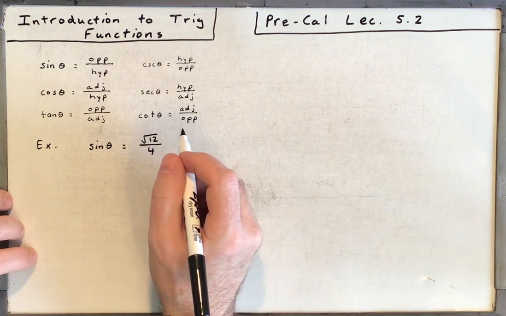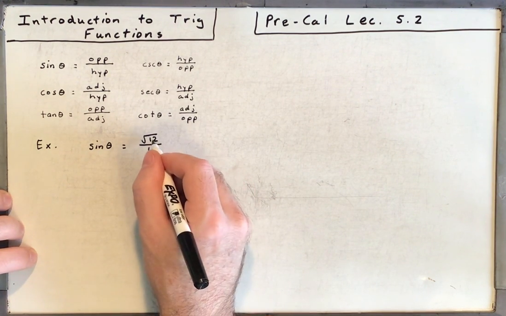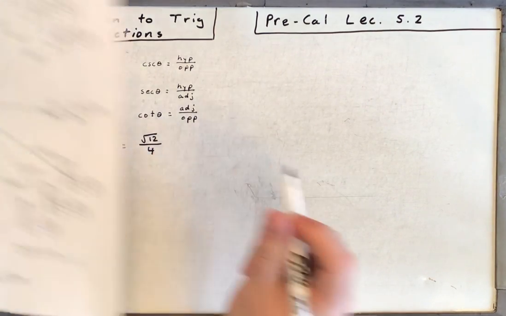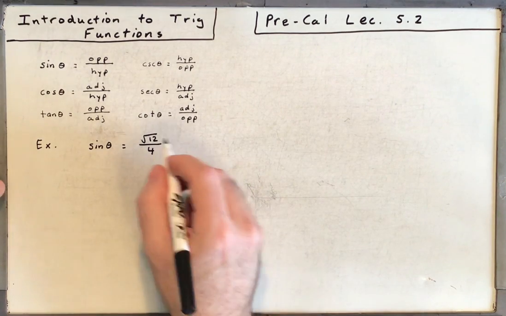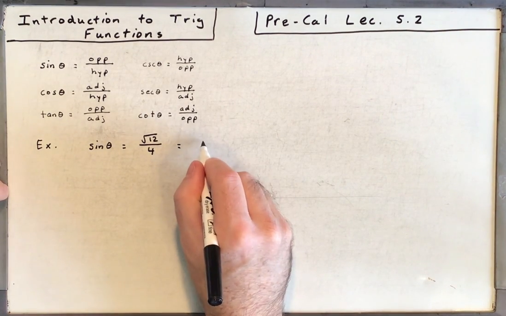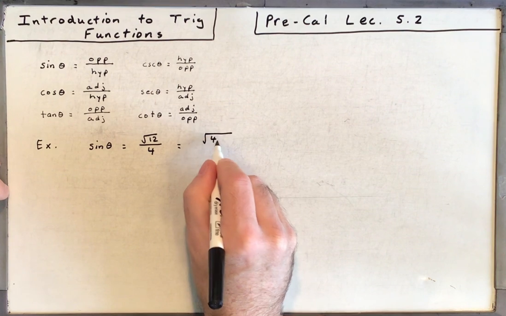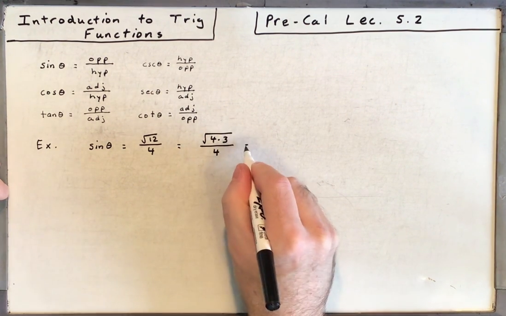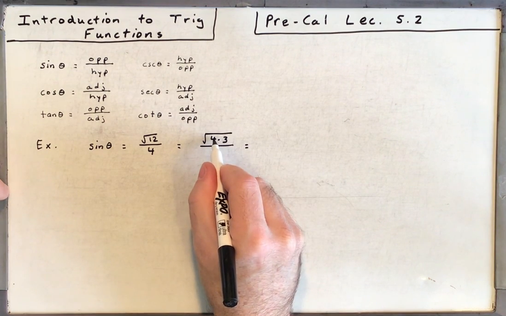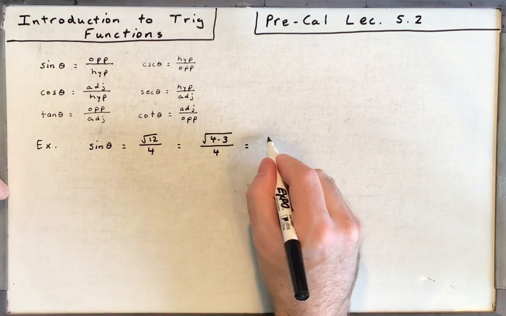All right, well, square root of 12 over 4 isn't on the unit circle. So let's see if we can manipulate that. Square root of 12 is the same as square root of 4 times 3. We can bring that square root of 4 outside.